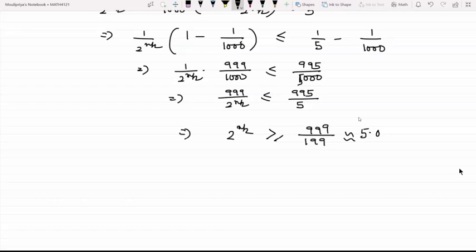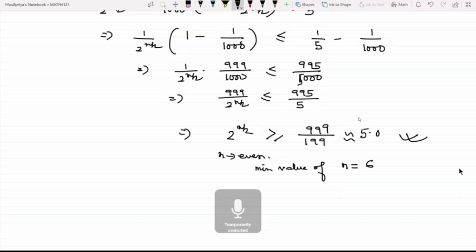Now, n has to be an even number, correct? So the least value of n for which this is going to be satisfied, what is that? Minimum value of n for which this gets satisfied is n equal to 6. So n equal to 6 means what?